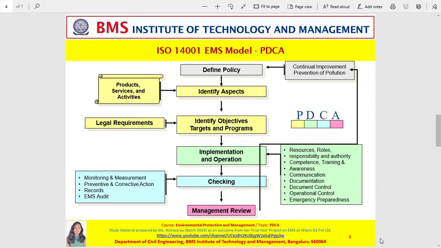Along with monitoring, it is essential to evaluate the compliance of the organization to legal requirements and other requirements, keeping into consideration the environment.